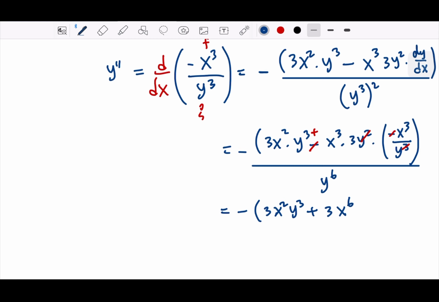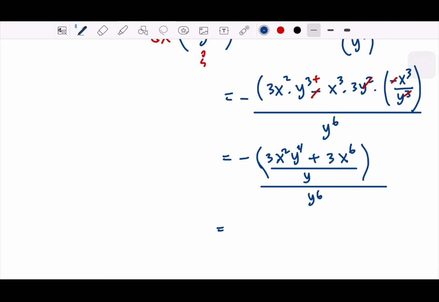But we can take y over here and make this y to the power of 4 and then divide by y to the power of 6. So we will have negative 3x squared y, or maybe taking 3 outside, x squared y to the 4 plus x to the power 6, or maybe taking x squared also. And then x to the power of 4, and then divide by y to the power of 7.